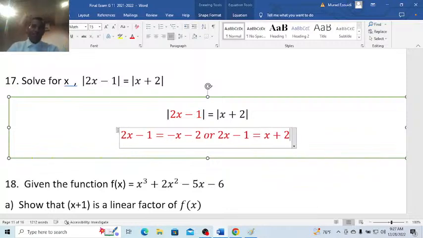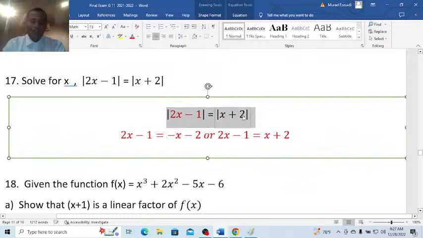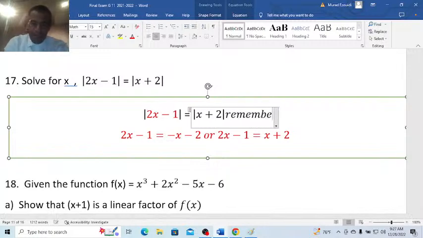No change for the second one. Why? Simply because I will let you remember something, learners. Okay, copy. Remember that.